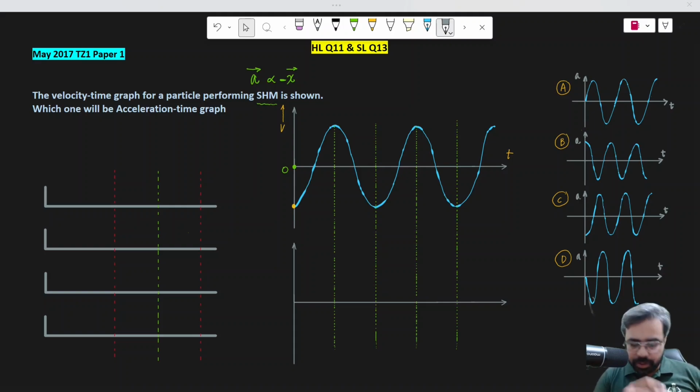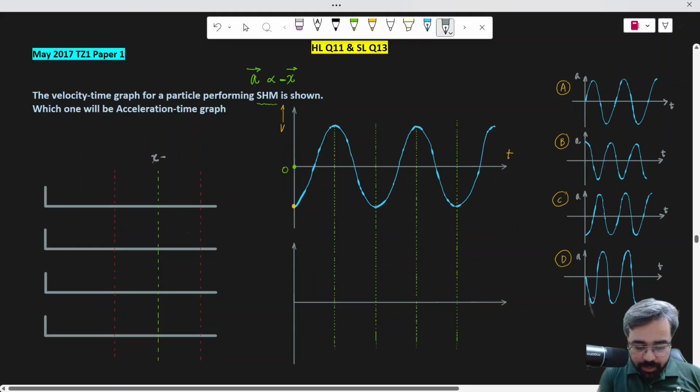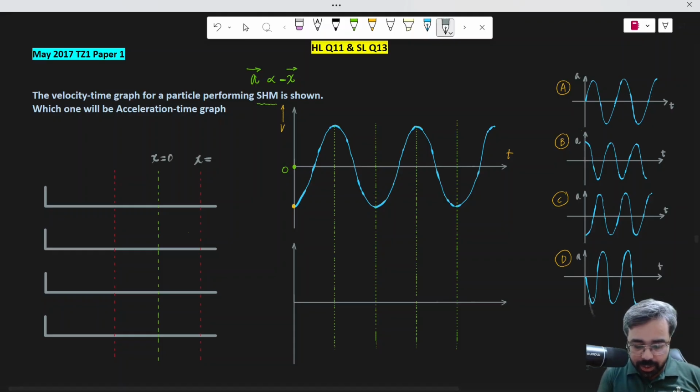I've shown the mass spring system setup in different positions, and I will talk about them later. Right now this is our equilibrium position, this must be the positive extreme position, and this must be the negative extreme position of the mass.